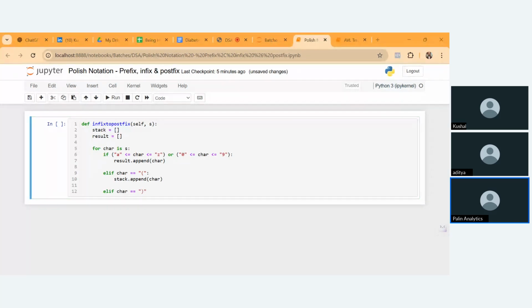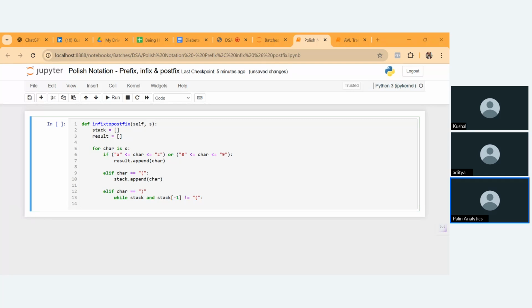If this is a closing bracket, now what we'll do is: while stack and stack of -1 not equal to opening bracket, then we'll do result dot append, and here we'll take stack dot pop.